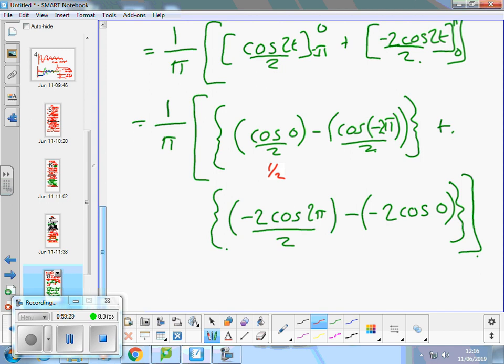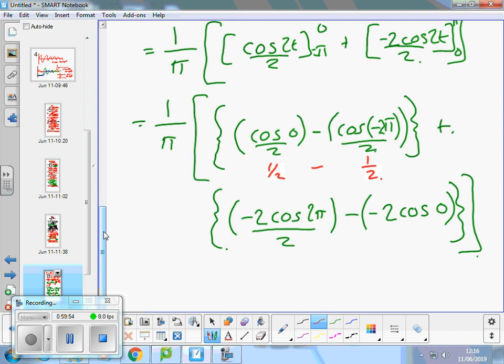Cos of minus pi over 2 has a minus in there, and that's 1 over 2, hopefully.